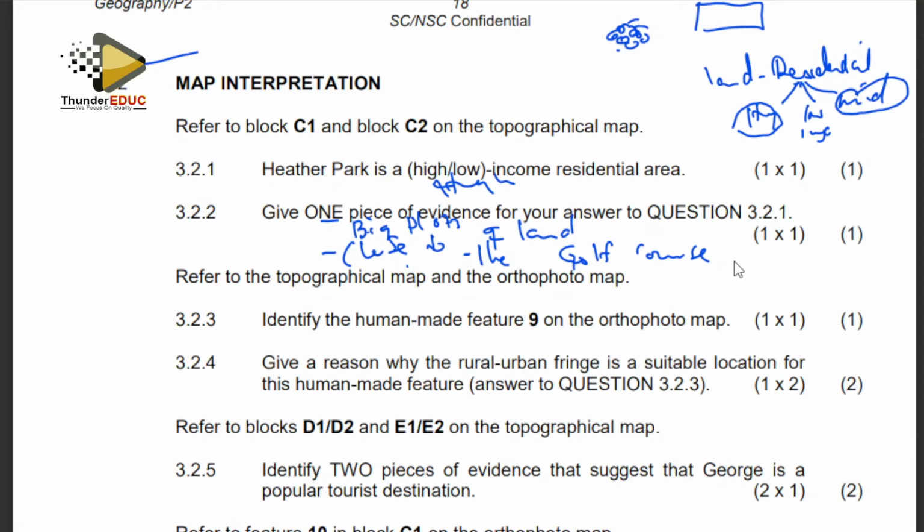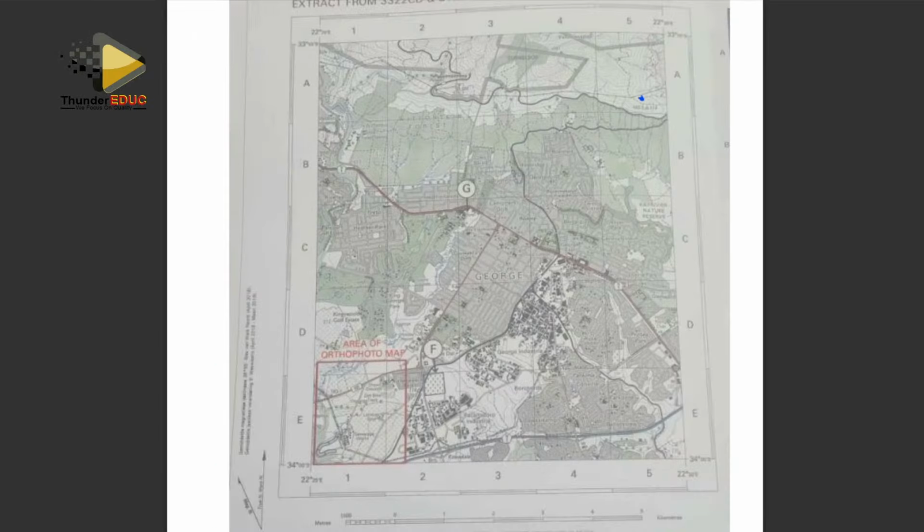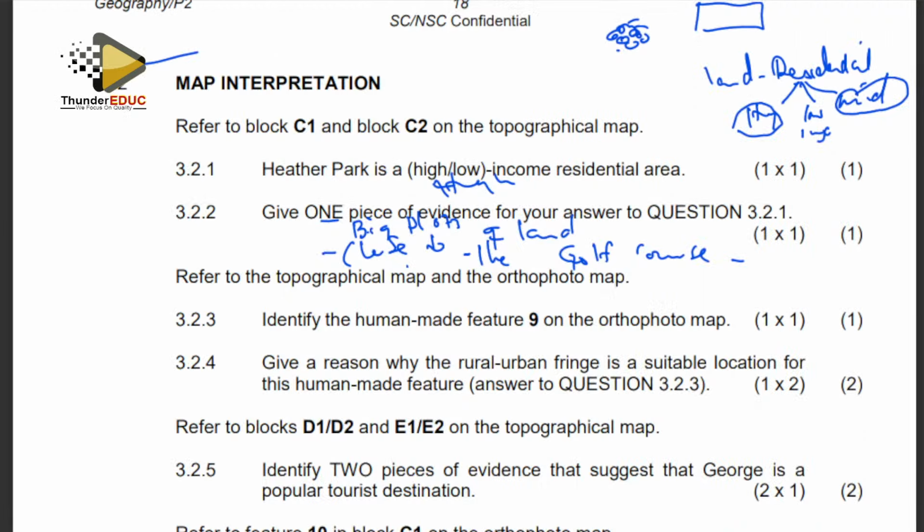Number three, that you can say when you look at it on the map here. Look at this area here. Remember, a golf course is located where? It is located in the rural urban fringe. Remember that I told you that the indicators of a rural urban fringe are a golf course, a shooting range, a rifle range, a landing site, a cemetery, those aspects.